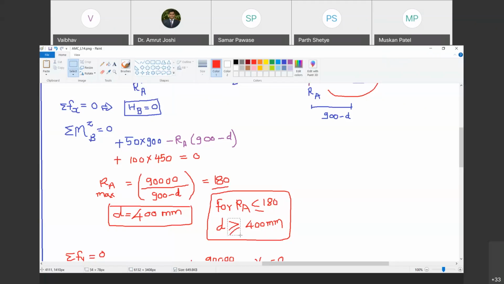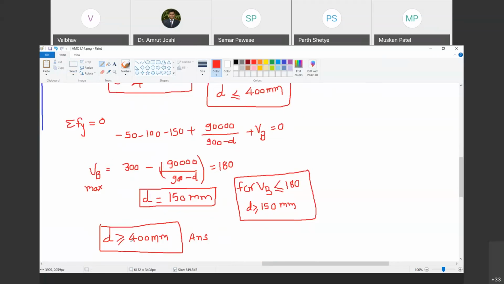D less than 400 is what we need. Yes sir, because you had said it would be less, and you had put the reverse sign. So what is the range? D has to be between 150 and 400. It would be 400 only, right? D is at a specific point, sir? No, no, if D remains anywhere between, so D is greater than or equal to 150 and less than or equal to 400.